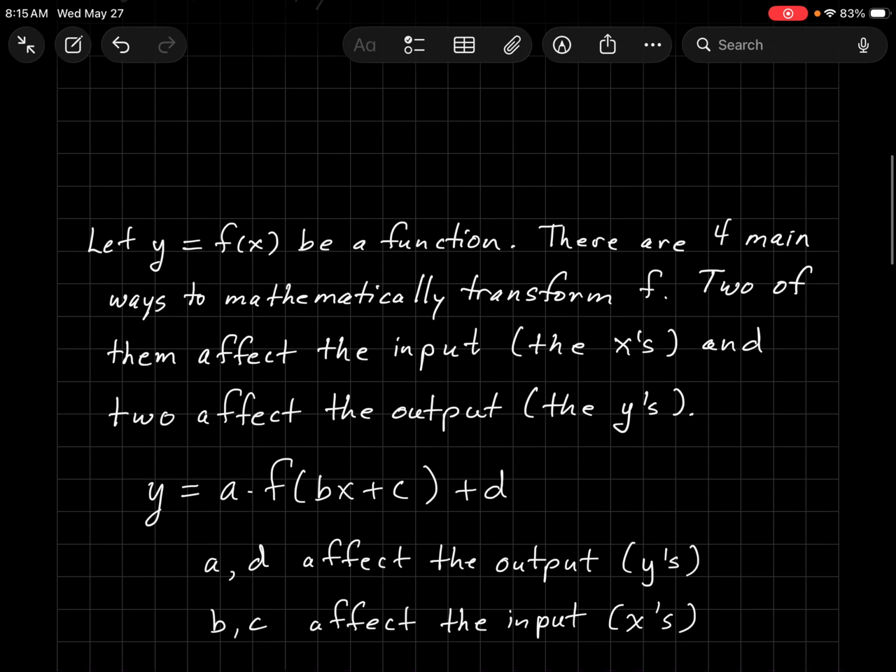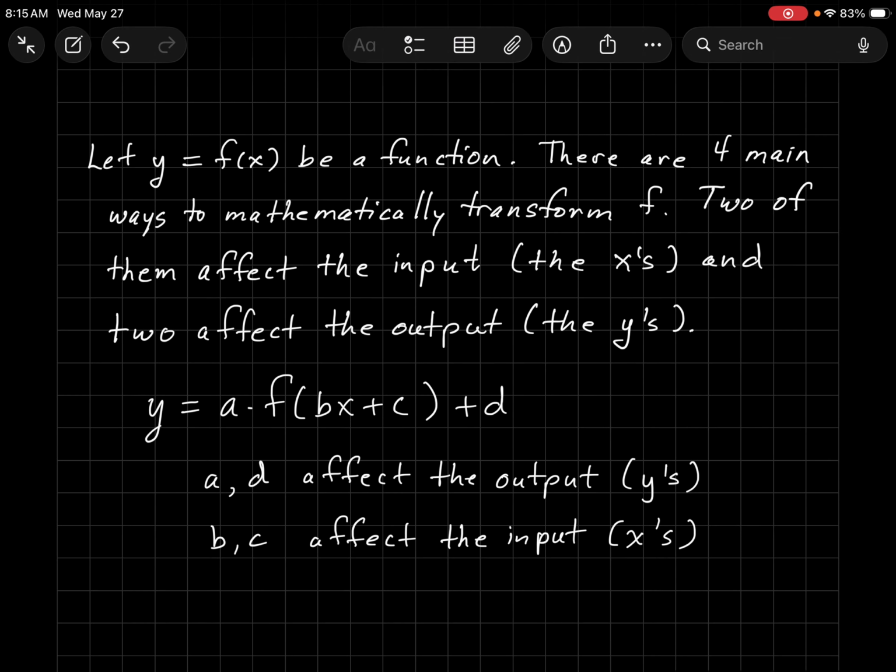In the last video, we looked at a general function y equals f of x, and then we put some extra variables, some numbers, a, b, c, and d, and came up with another equation which is going to give us all the different possible transformations of our function f of x, at least in the stuff that we're going to be doing. We talked about how a and d affect the output, or the y's, because they are outside of the parentheses. And b and c affect the input because they're inside the parentheses.